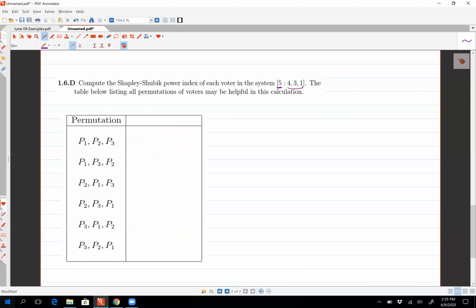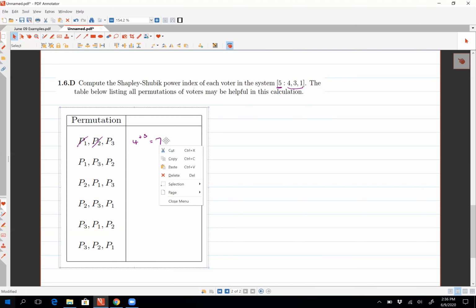So what we want to see is at what point do we exceed the quota? If just voter 1 votes yes, we would have 4 votes. If voter 2 also adds their weight, we would add 3 and we would be at 7.